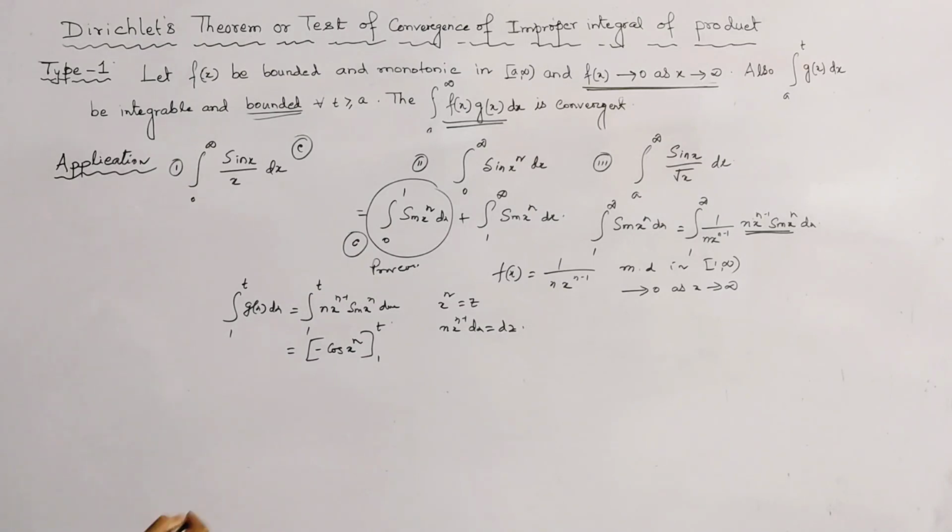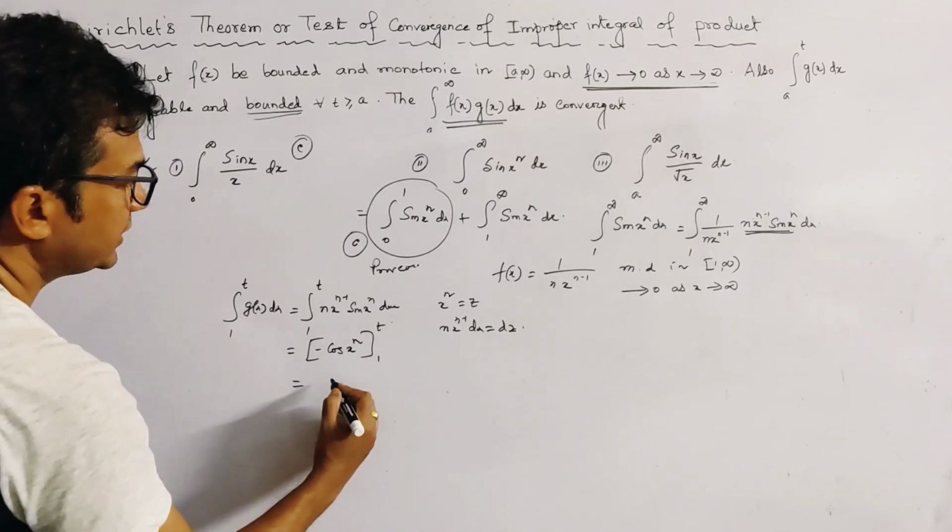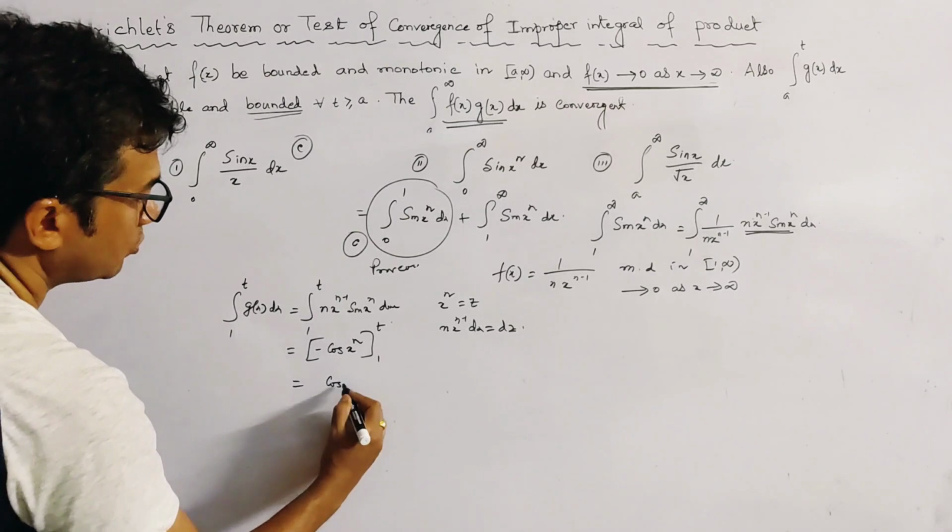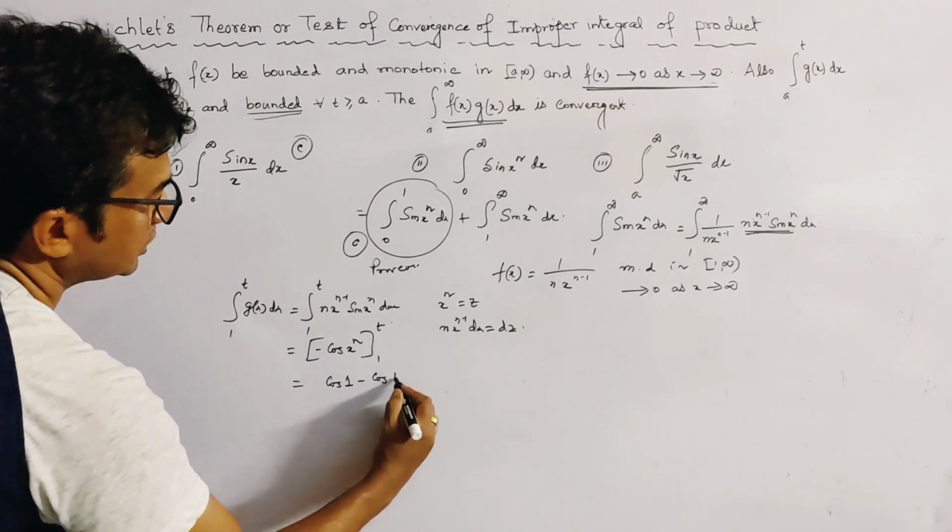And putting this value, we get this integration is equal to cos 1 minus cos t to the power n.